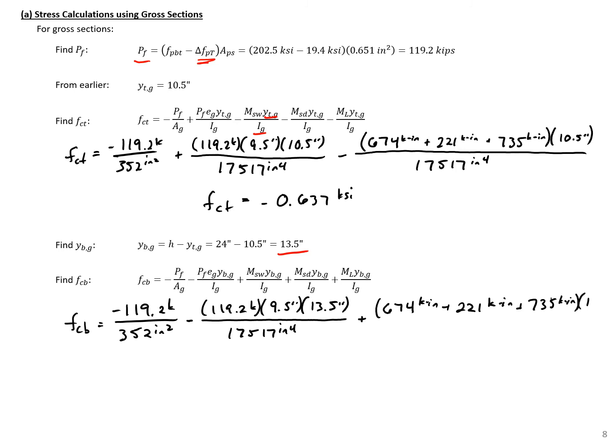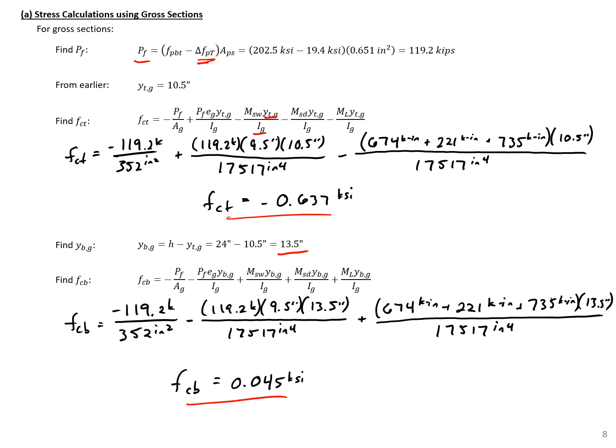And then this is all times 13.5 inches. And then we divide by our gross moment of inertia, 17,517 inches to the fourth, which will give us a bottom fiber stress here of 0.045 KSI. And you can see it's positive, so we have tension in the bottom fiber. So here's the bottom fiber stress and the top fiber stress using our gross sections.